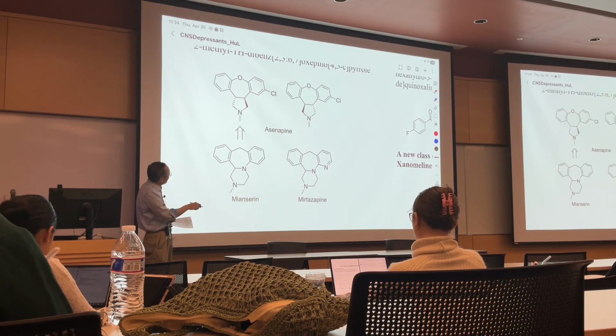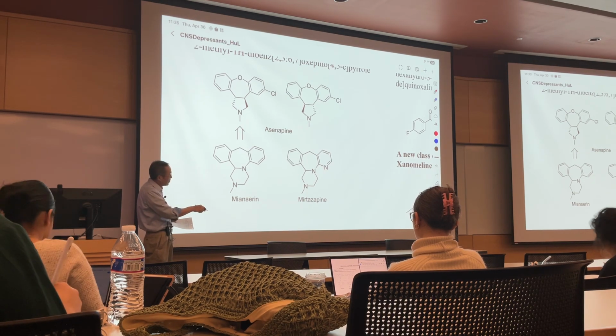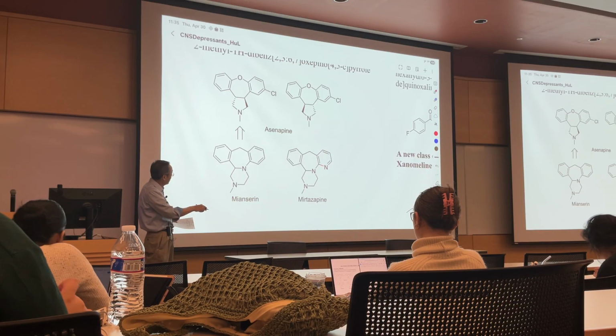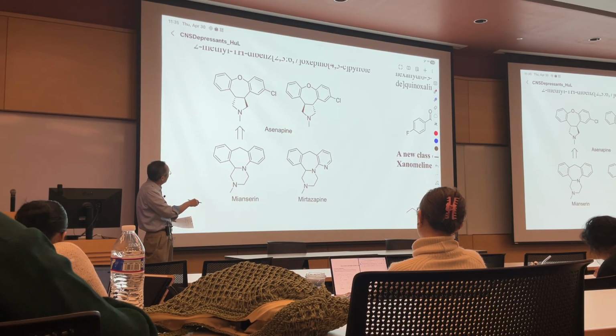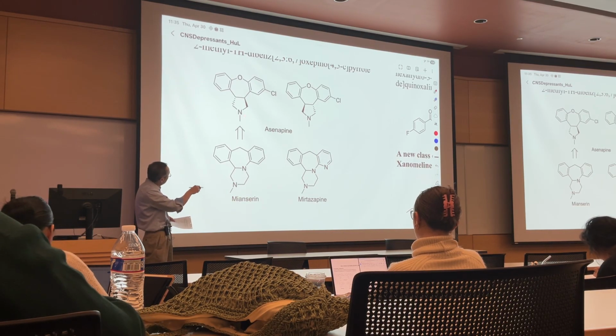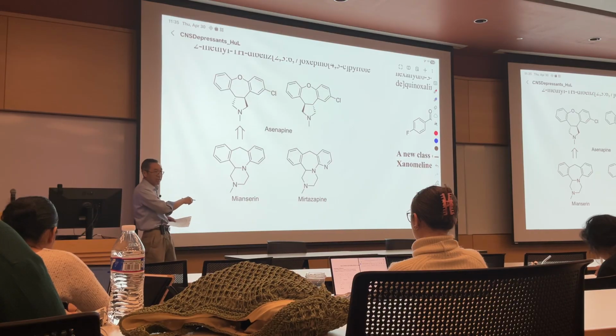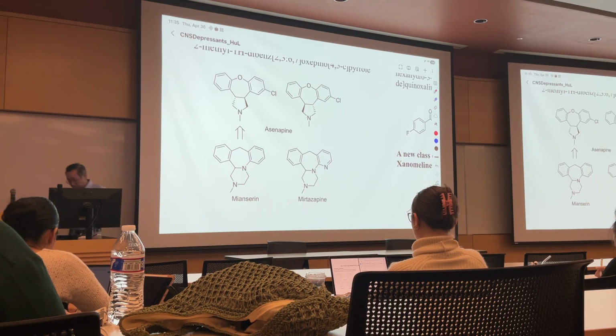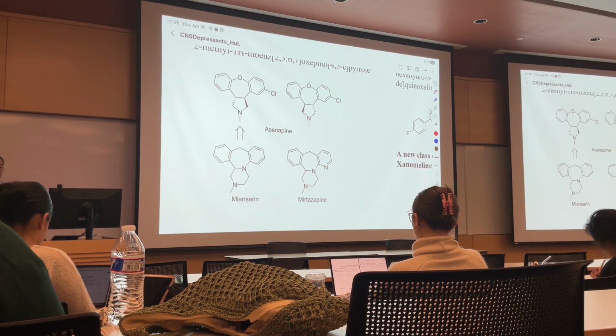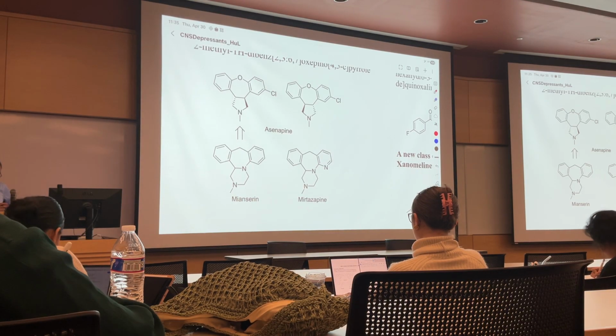So there are some similarities between these 2, and the difference here is just another nitrogen in the pyridine system. And structurally, from here to here, you have added oxygen, and you have basically shrunk the ring from a 6-member ring to a 5-member ring system. So asenapine, a mixture of 2 enantiomers, is what's used in the clinic.